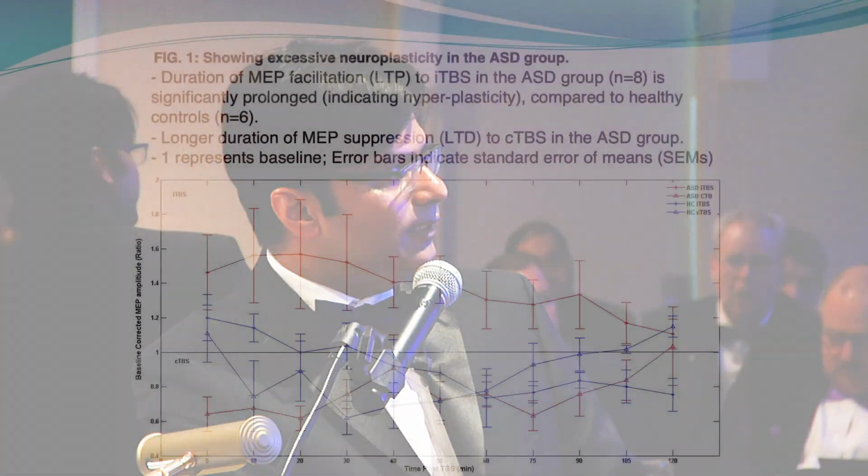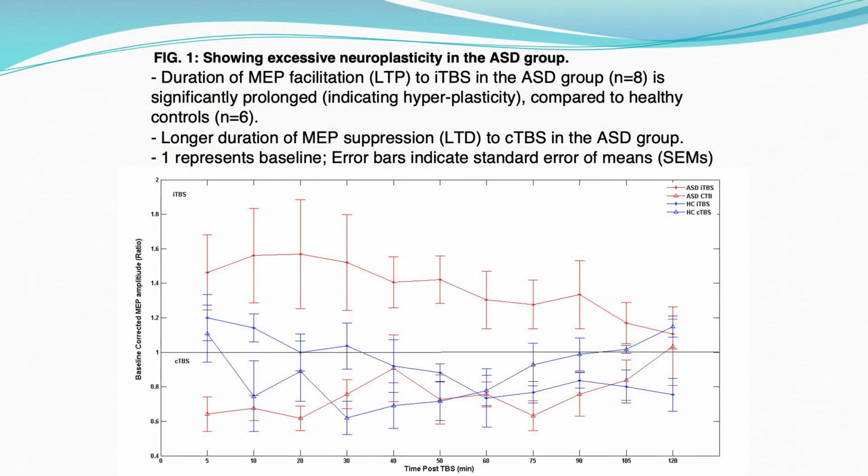I will share a couple of slides. This is really preliminary data. This data is for 8 adults with autism and 6 healthy controls. Again, the red lines represent autism and the blue lines represent healthy controls.